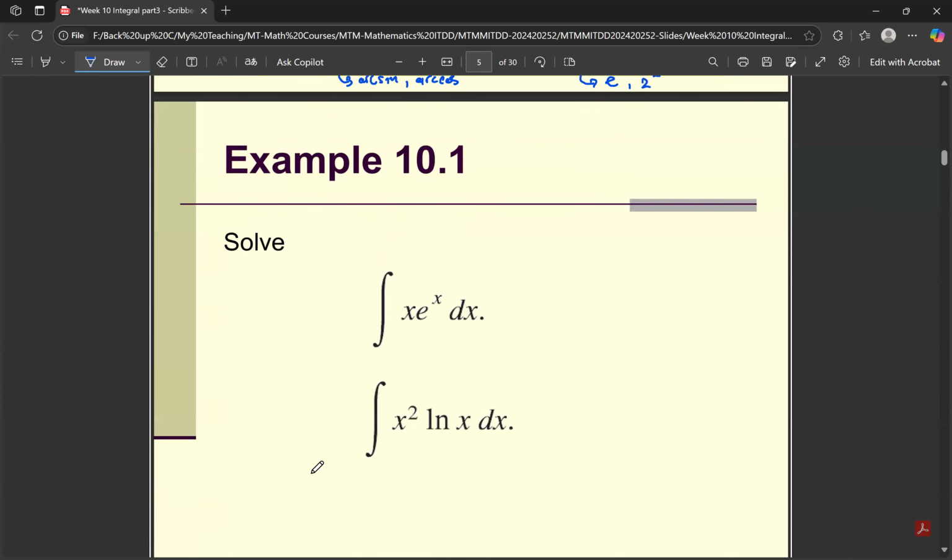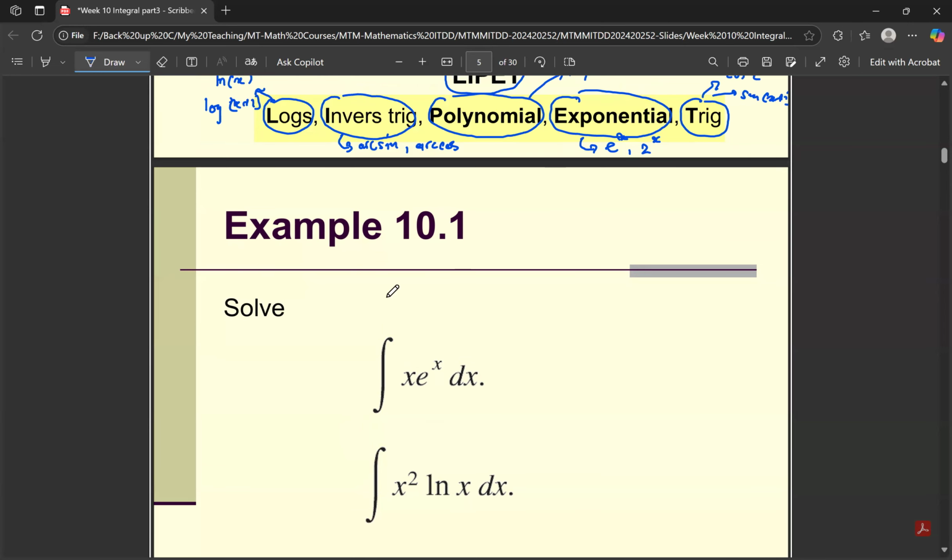And look at this example. We have two integrals, and the solution will use the formula of integral by parts. Okay, we begin with the first problem. Here this is a polynomial.